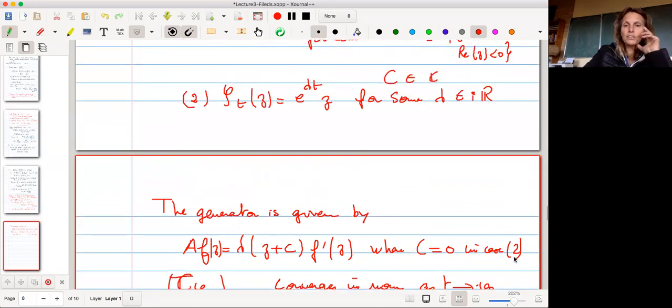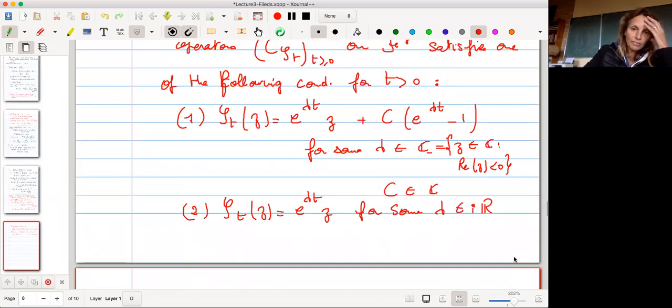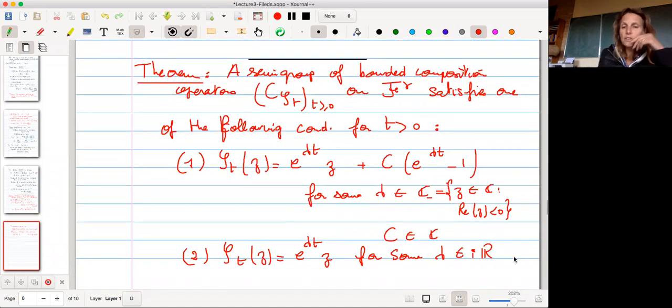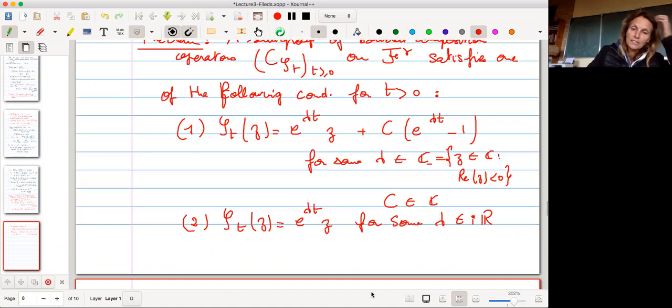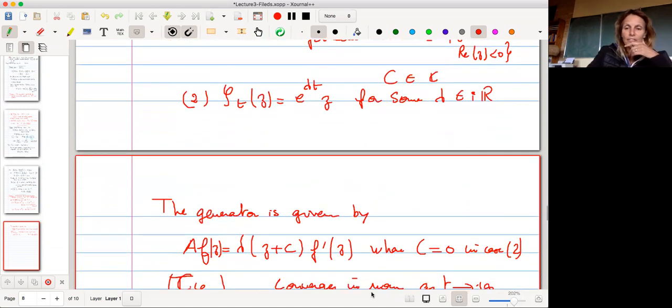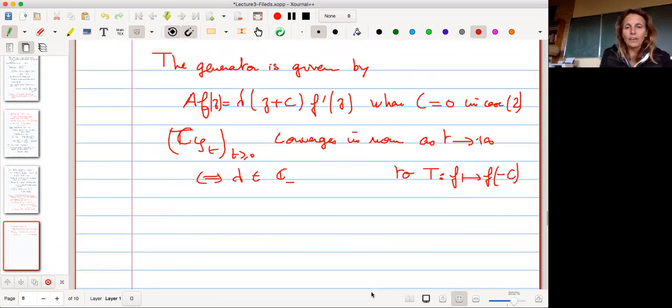So the only thing to do is to check, in order to get a semi-flow in the family of functions of the form az plus b, that you have just those cases. So it's not very difficult. And to conclude, the proof is just obvious from what I mentioned previously.